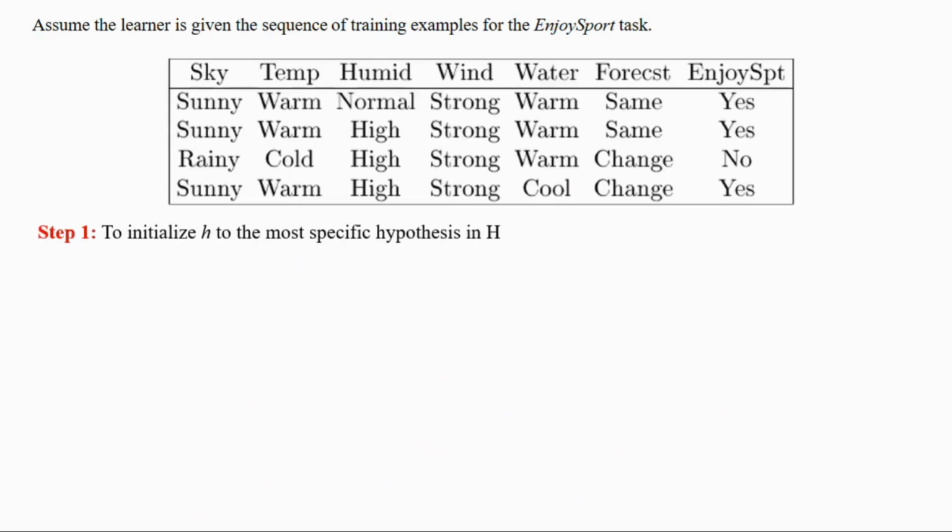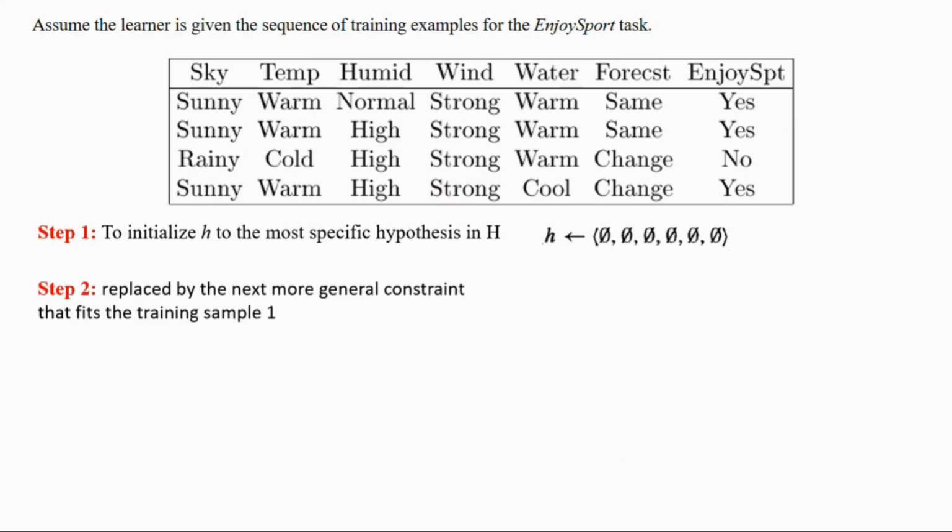Now the task is summarized. Step 1, we initialize H with the most specific values. Step 2, according to the first training example, we construct H1. Since there is a difference, we substitute the values, moving towards generalization, so instead of phi, the specific value sunny comes in.